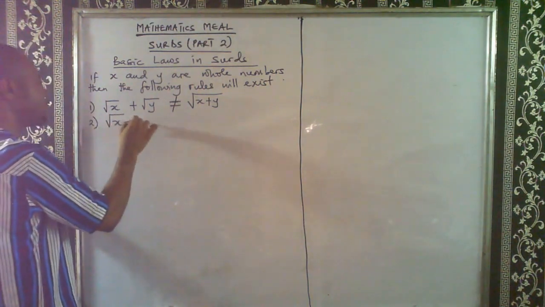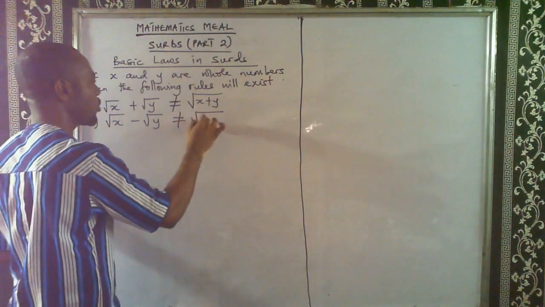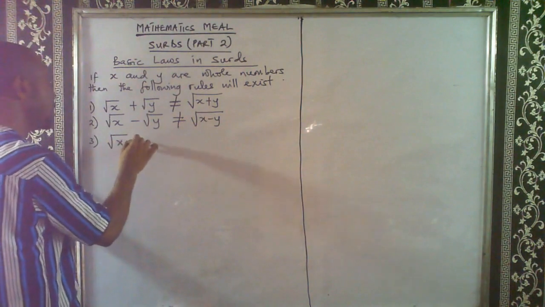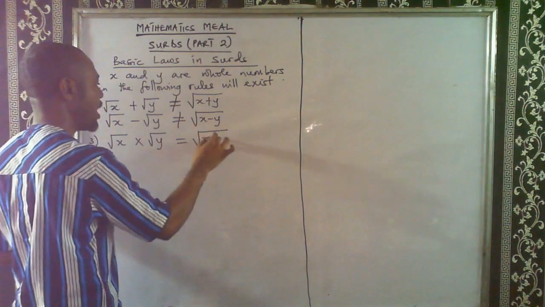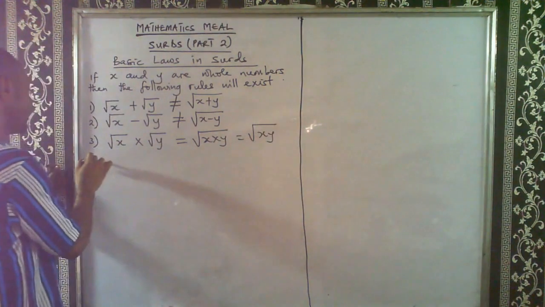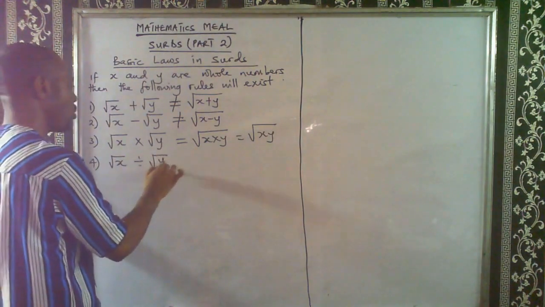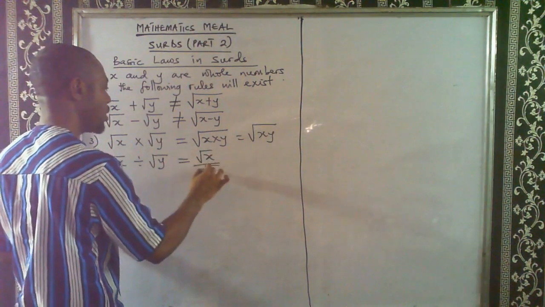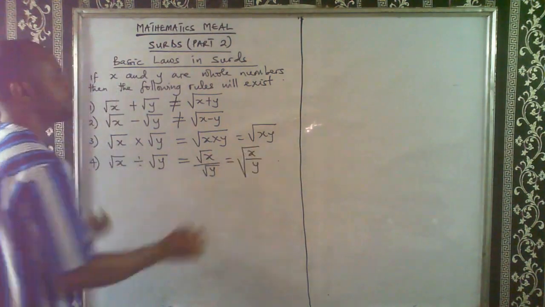Square root of x minus square root of y is not equal to square root of x minus y. 3. Square root of x times square root of y is the same thing as square root of x times y, which is square root of xy. 4. Square root of x divided by square root of y is the same thing as square root of x divided by y, which is square root of x over y.